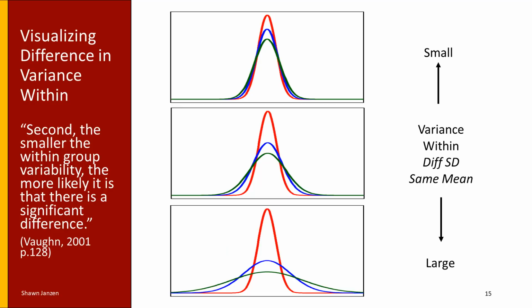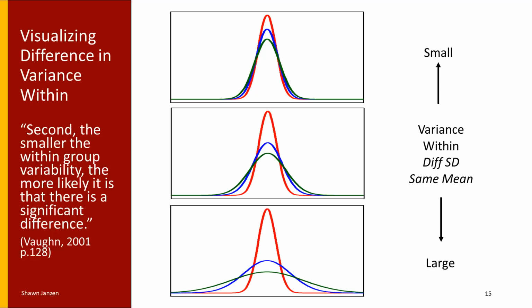If we're talking about variation within the groups, this follows that same sort of logic, but instead of the distributions moving left and right away from each other, when we're talking about variation within, if they were all to have the same mean, they would all be stacked on top of each other. And then what could change is their standard deviations. As we change the shapes of their standard deviations, they are blowing out and becoming wider, or they're sucking in and becoming taller and narrower.